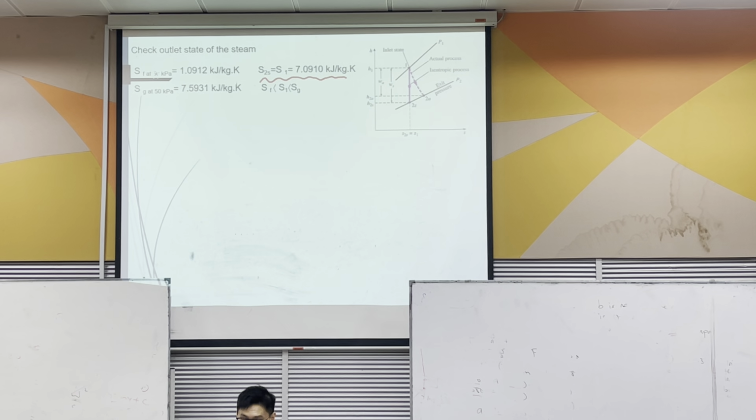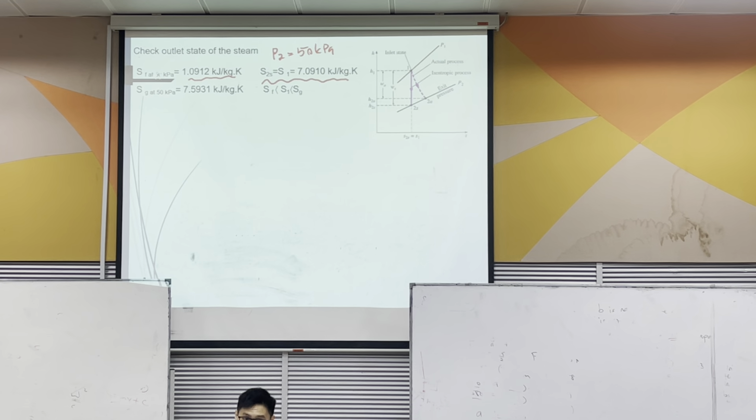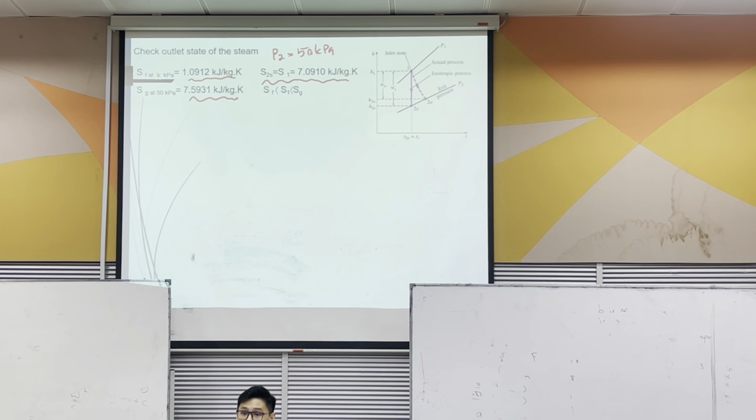We know that S2S equals S1, and P2 is still 50 kilopascal because it is constant. So you check SF at 50 kilopascal and SG at 50 kilopascal. Now you can see that S2S is between these two values, SF and SG, right?